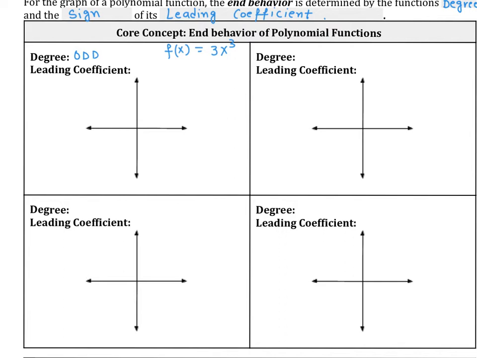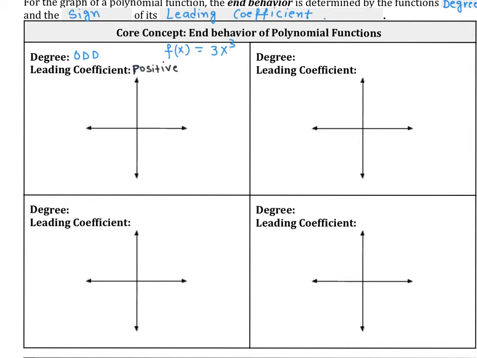The leading coefficient can be anything: 2, 3, 4, 5, 6, or any number. But it depends if it's positive or negative. So the leading coefficient, which is 3, is a positive number.